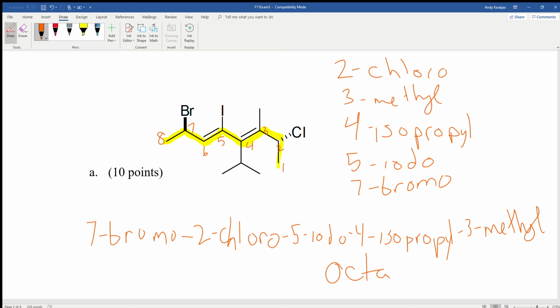But our octane here has alkenes at carbons 3 and 5, so we need to list each of those. And because there's 2 alkenes, we call it diene.